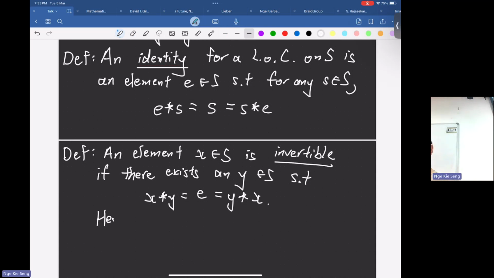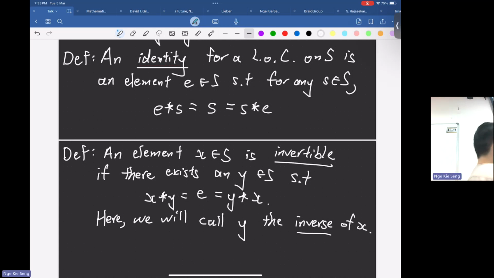And here we will call Y the inverse of X. And we'll call it the inverse of X. Note that I put "the" here.